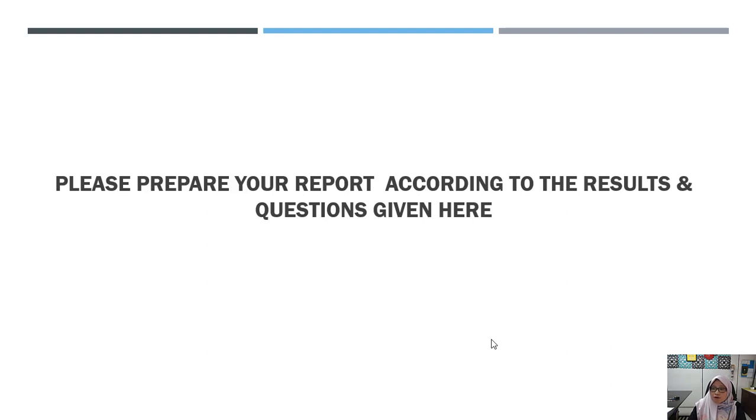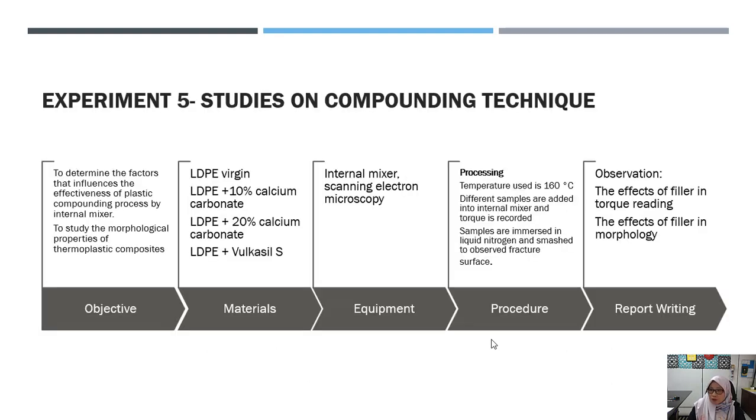For this experiment I will give you the results. The objective of the experiment is to determine the factors that influence the effectiveness of the plastic compounding process by internal mixer, and then to study the morphological properties of the thermoplastic composite that you have produced.